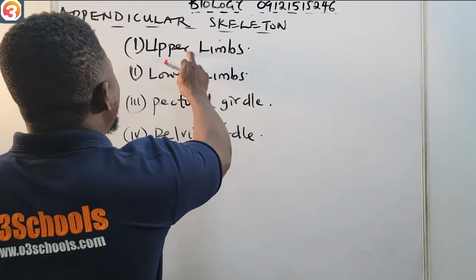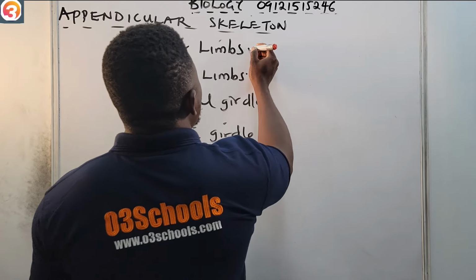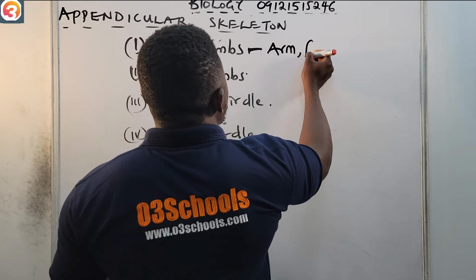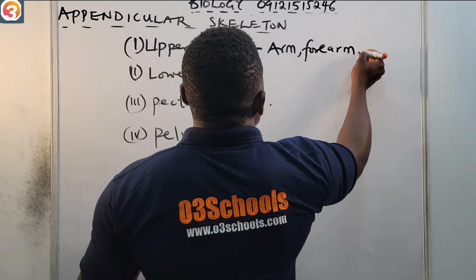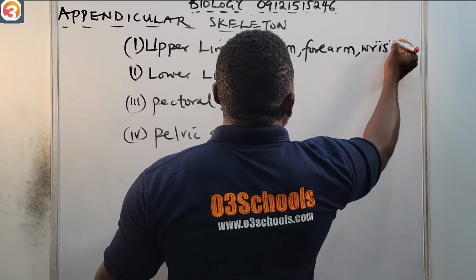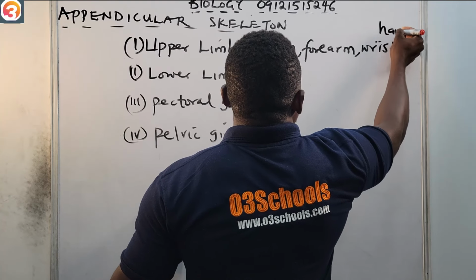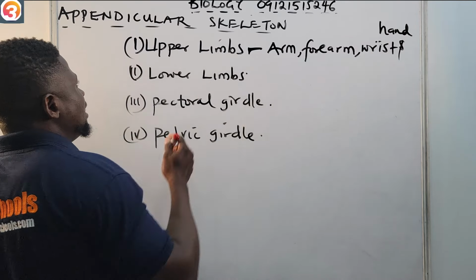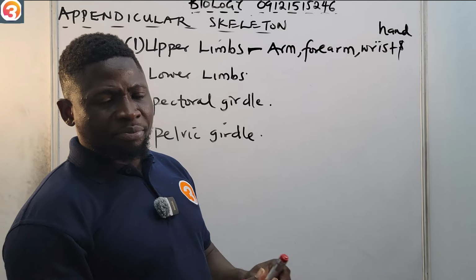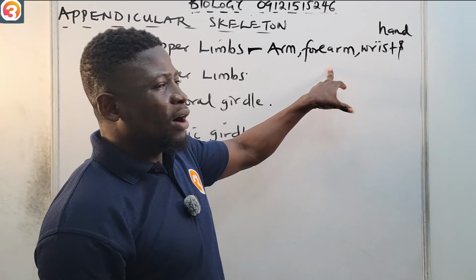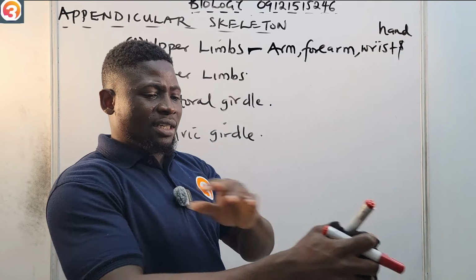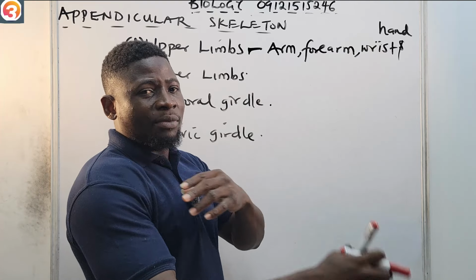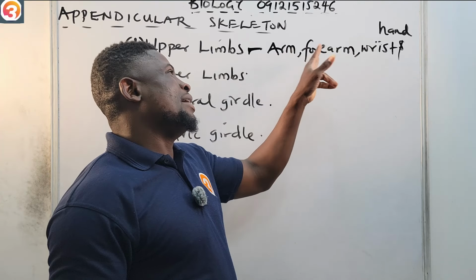Now, these upper limbs consist of the arm, the forearm, the wrist, and the hand. Somebody may ask, what is the difference between arm and forearm?